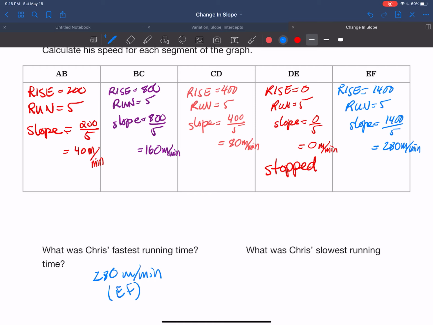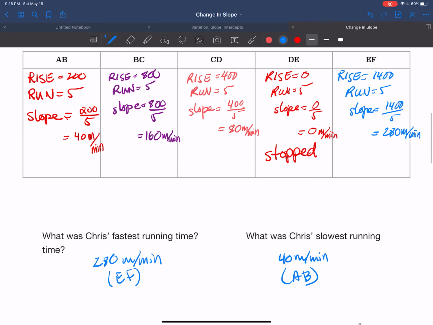He's stopped. So what is his slowest running time? 40 meters per minute. That was A to B. But again, if you put 0, I get it. That's the lowest speed.